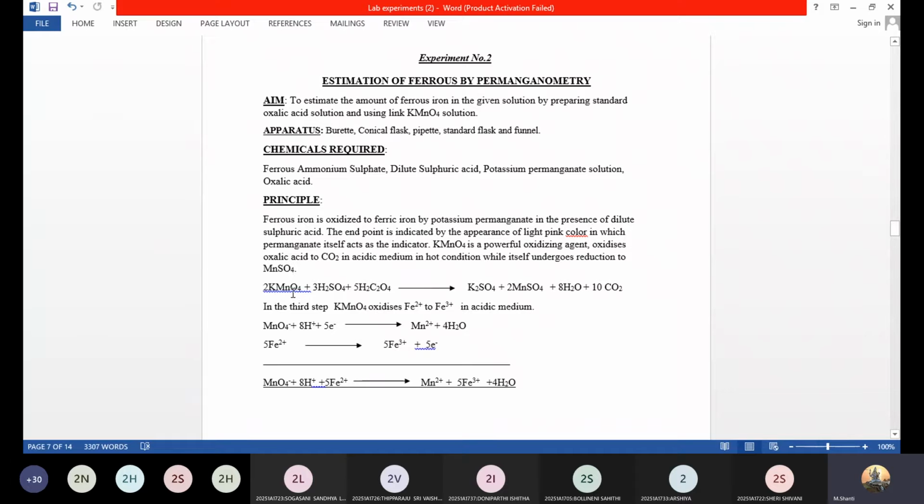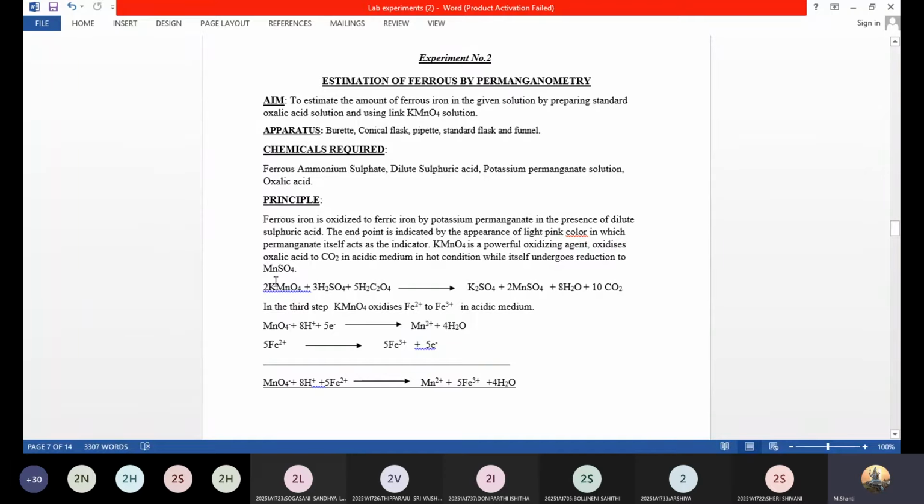How can I say that? This is the required chemical equation. Yes? No idea?